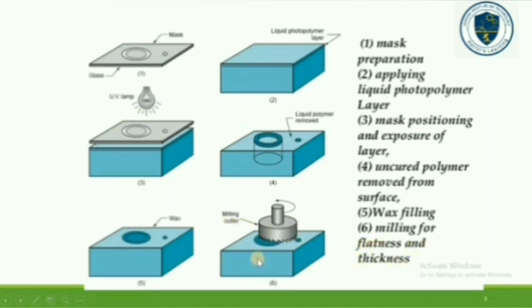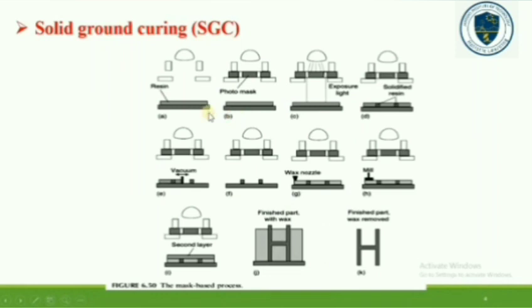After filling that wax, the cutting material, that is the milling cutter, is used to take away the unwanted thickness of the portion developed by that process. These are the 6 steps followed again and again to create a whole part.